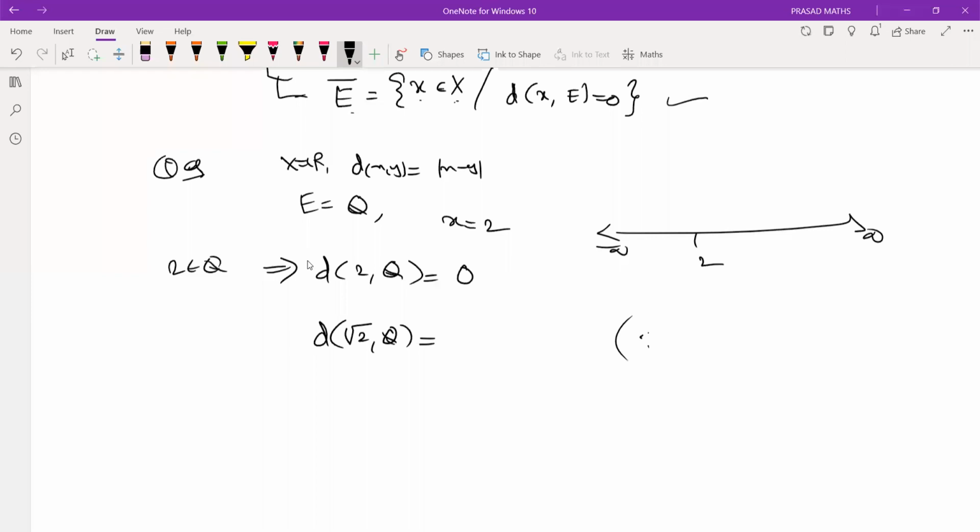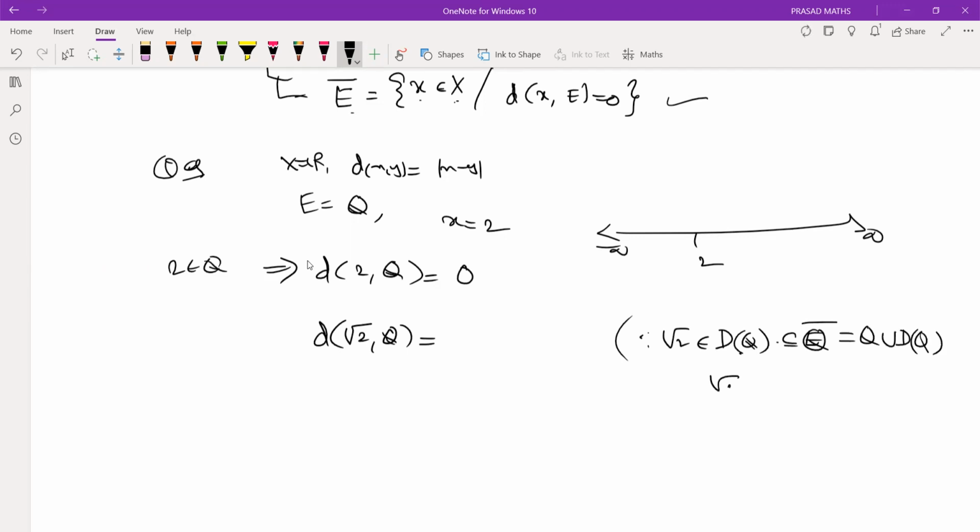Why? Because root 2 is a limit point of Q. But a limit point is always contained in the closure of Q. Yes or no? Because the closure is nothing but Q union its derived set.